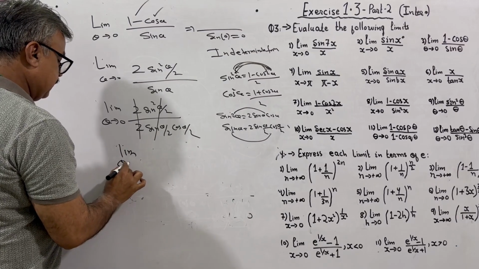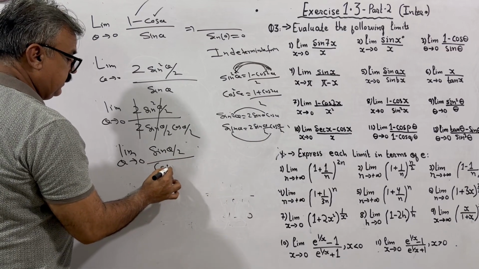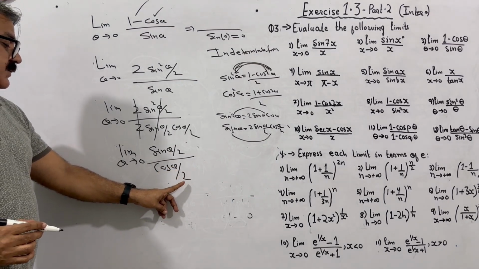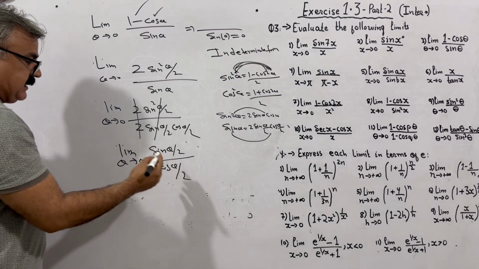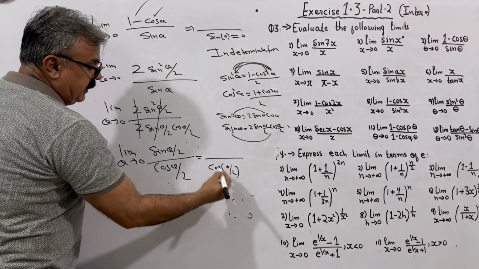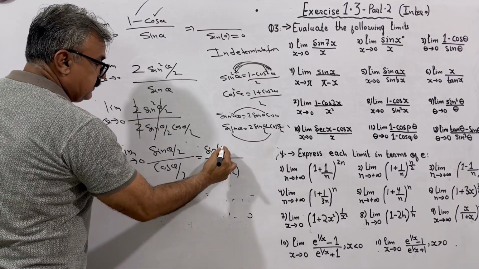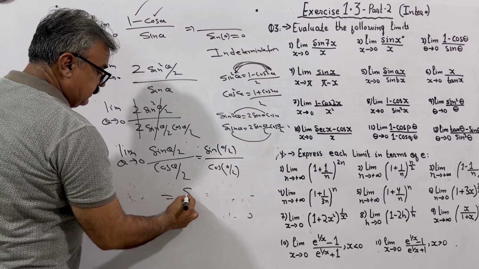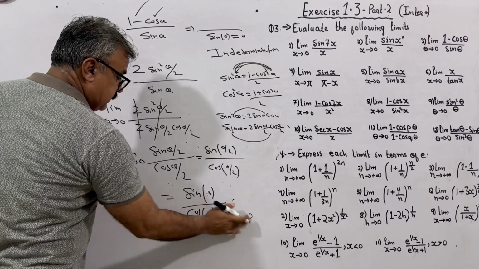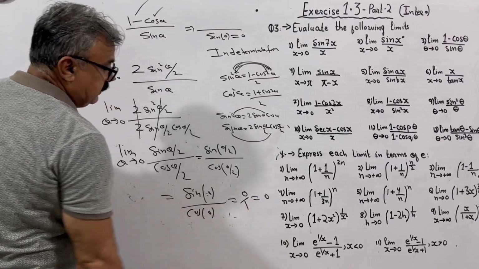Limit theta tends to 0 of sin theta over 2 divided by cos theta over 2. If we put the limit, theta over 2 goes to 0, cos 0 is 1 and sin 0 is 0. So there is no more 0 in the denominator. We are done with that: 0 over 1 is equal to 0.